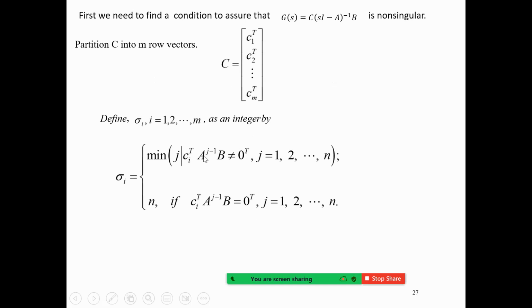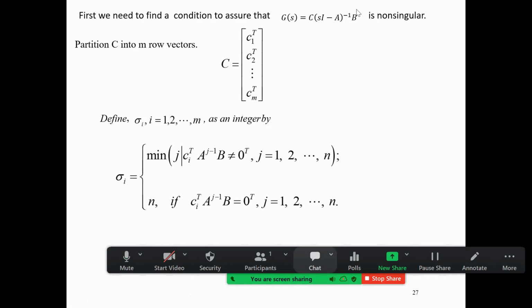So first you compute C times B. Is it 0? If it is 0, then you compute C times A times B, and you check whether it's 0 or not. If it is 0, then you compute C times A squared times B. In this way, you find the minimum j which makes this not 0. That is the relative degree.